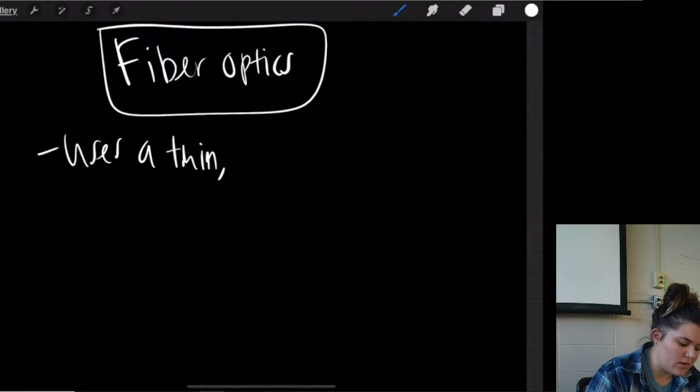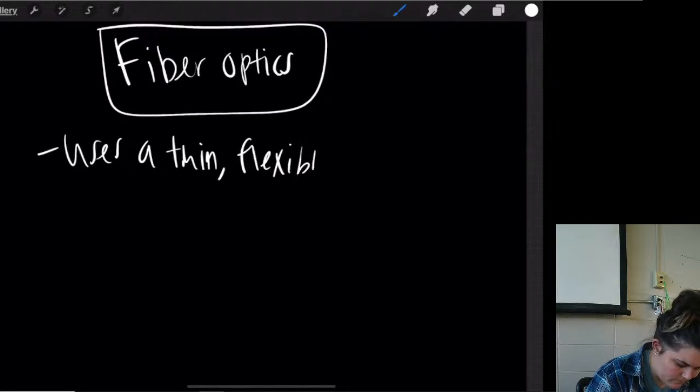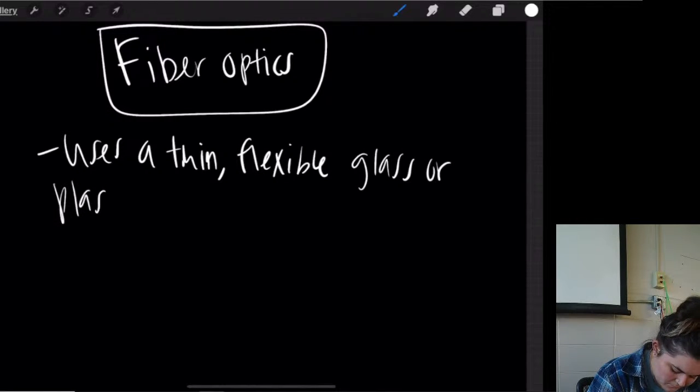It's a technology that uses a thin, flexible glass or plastic optical fiber to transmit light.